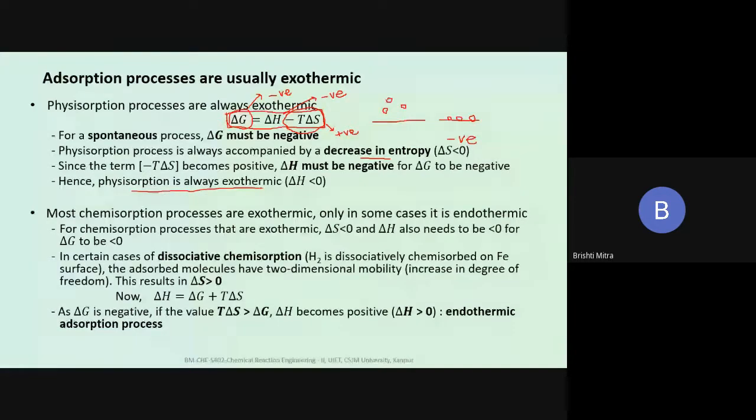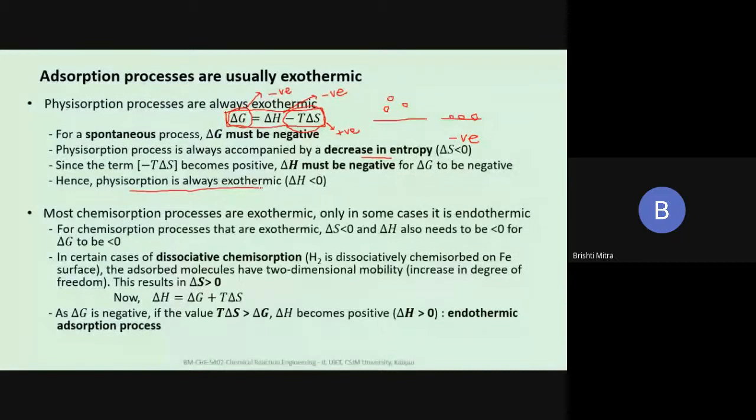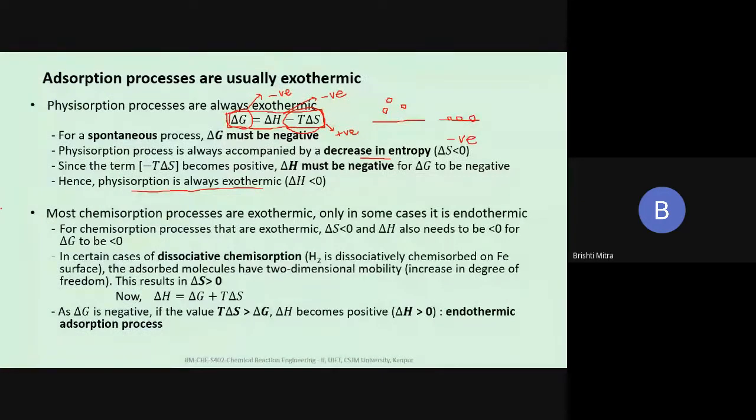Now, what happens in the case of a chemisorption process? The same thing should happen, because my process should be spontaneous, and for that, delta G should be less than 0, and delta S is also less than 0 in most cases.